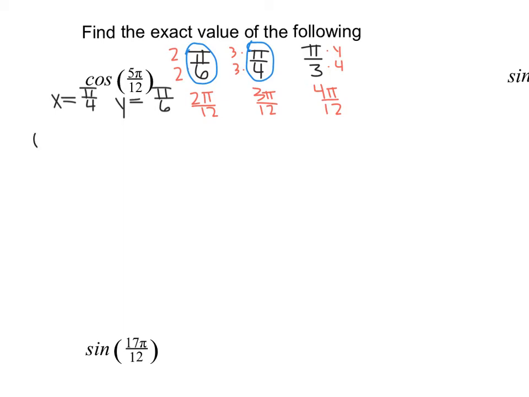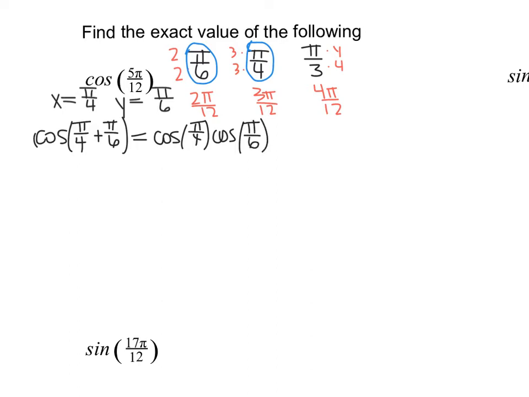So we have cosine of x, pi over 4, plus y, pi over 6, equals cosine of x, so cosine of pi over 4 times cosine of y, which is pi over 6, minus sine of x, which is pi over 4, times sine of y, which is pi over 6.